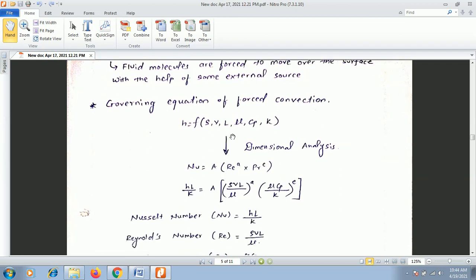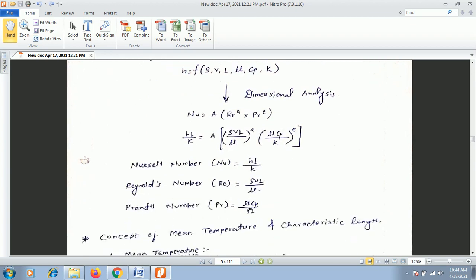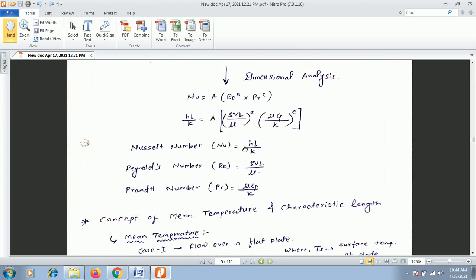So when we use these terms and go through the dimensional analysis, you are going to have Nu equal to a into Re raised to b into Pr raised to c, where Nu, Re and Pr are nothing but dimensionless numbers. Nu represents the Nusselt number, Re represents the Reynolds number, and Pr represents the Prandtl number.